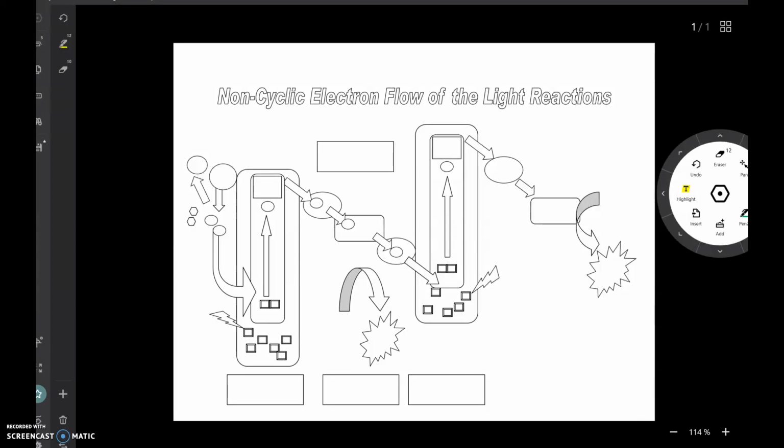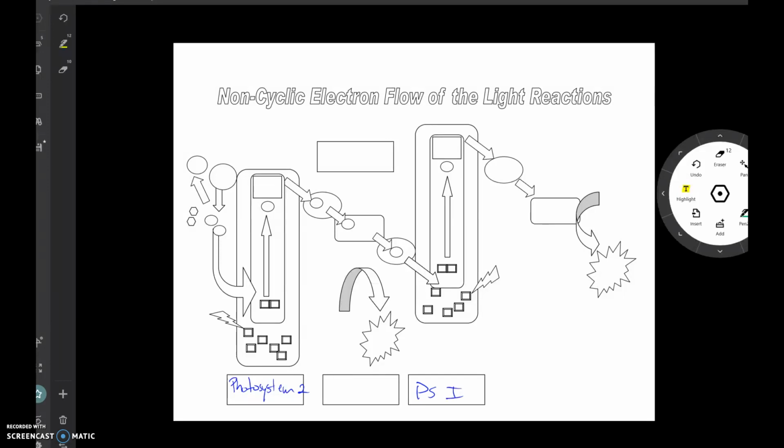In the first column over here, we have what's referred to as photosystem number 2. This one over here is photosystem number 1.